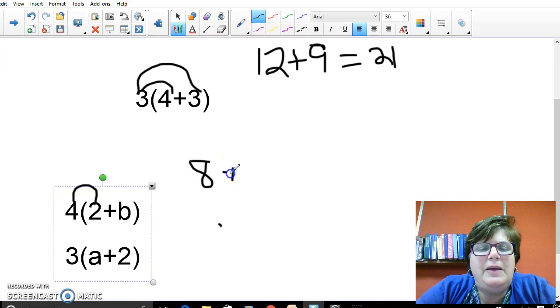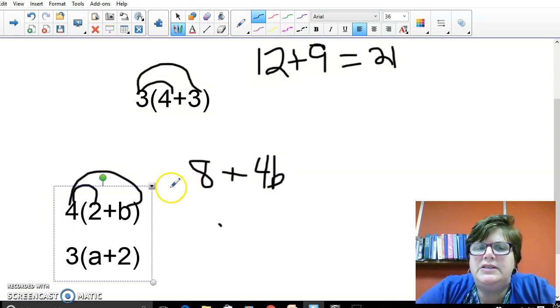Leave the sign the same. And this is called expanding the expression. 4 times b. So what's 4 times b? Simply 4b. Now, we have no like terms. Nothing's the same. They don't play well together, so they have to stay just like they are. 8 plus 4b.